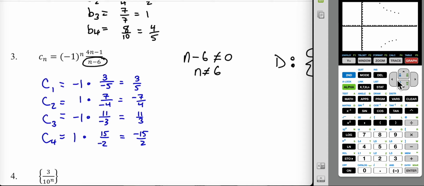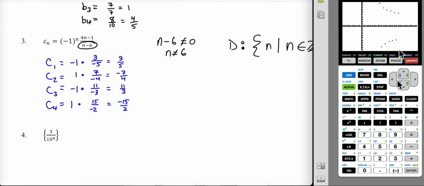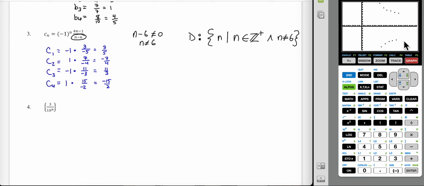All right, so these are by nature discontinuous points, but what's happening here is we have nothing in existence at n equals 6, so that's gone completely. And then by the way, you can see the trend here. It does appear that it be converging onto something. I wonder what that would be converging onto. That's going to be the topic of discussion as we go forward.